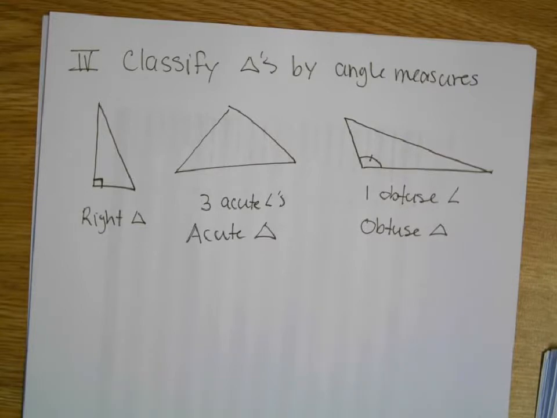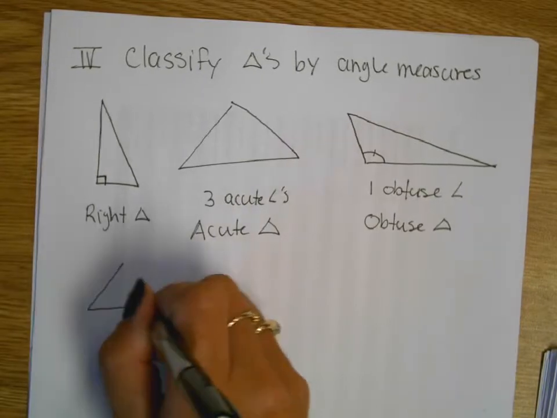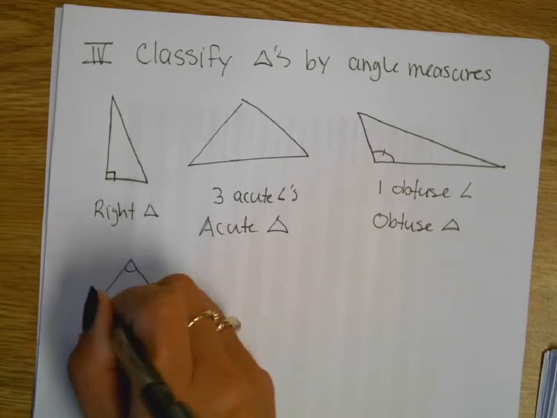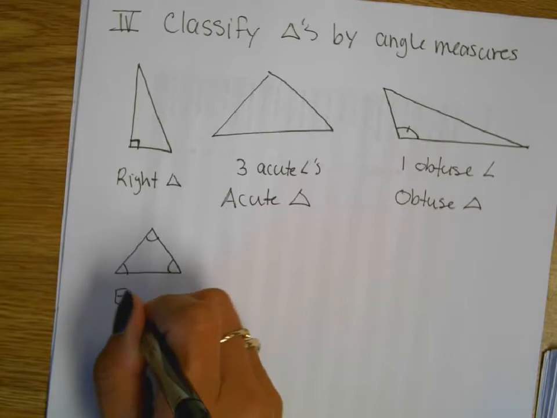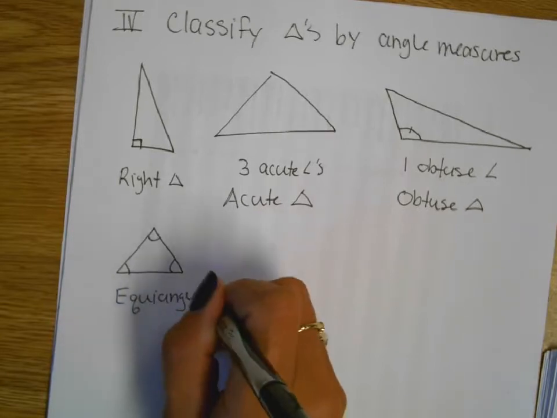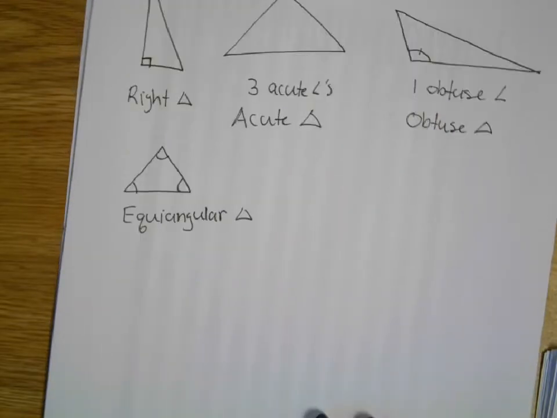Equiangular triangle. If all 3 angles are the same, they're all 60s, and that would be an equiangular triangle. Okay.